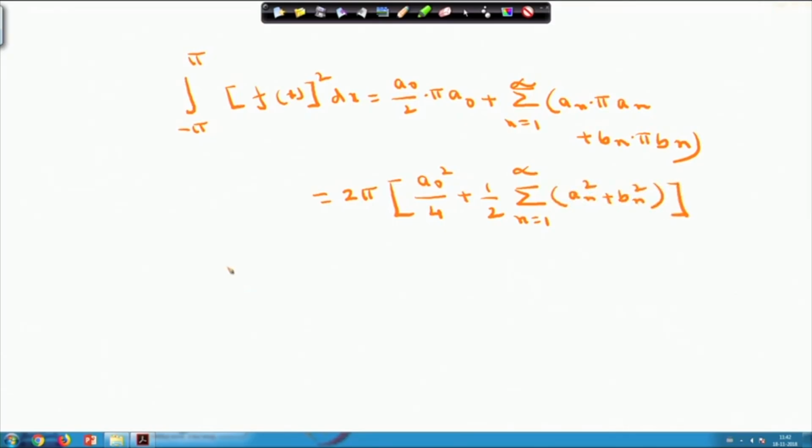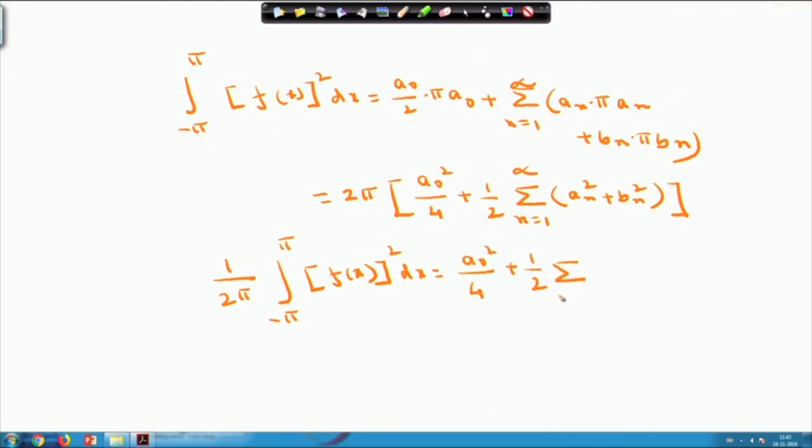And this we can write as, bringing 2 pi to this side, 1 by 2 pi into the integral of f x square dx. This is equal to a 0 square by 4 plus half into summation n equals 1 to infinity of a n square plus b n square, which completes the proof of Parseval's theorem.